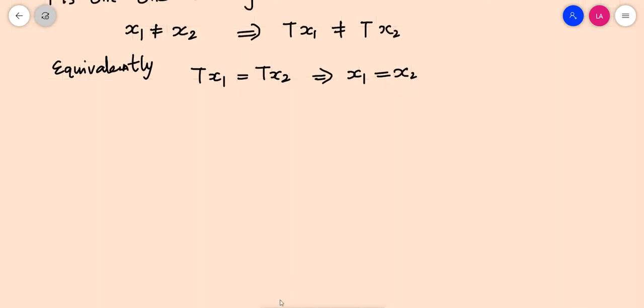So let T from X to Y be a linear operator.